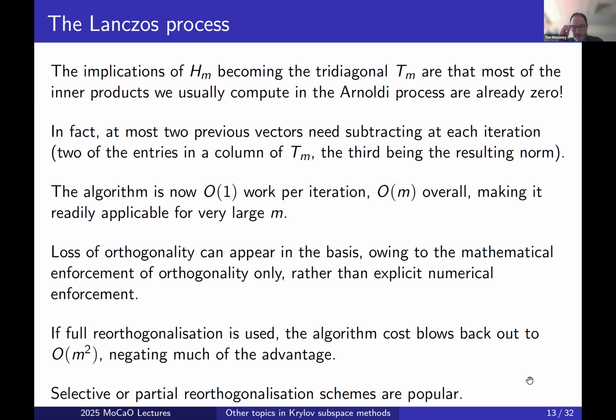Okay, so loss of orthogonality is a thing, and it does affect the calculations, but it affects them in more or less well understood ways. Right? So you get things like ghost eigenvalues, things that you thought you had once and they turn up again and so on. But there are ways to control these things. So you do win. The summary there is you do actually still win, despite the fact that the loss of orthogonality is real.